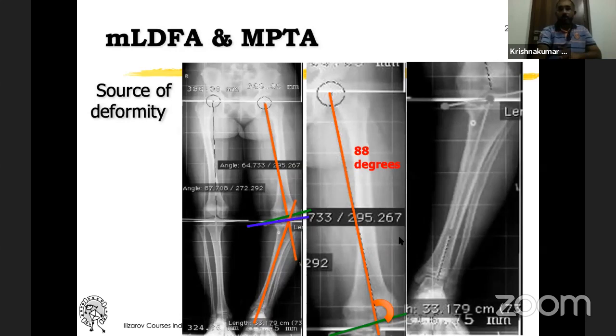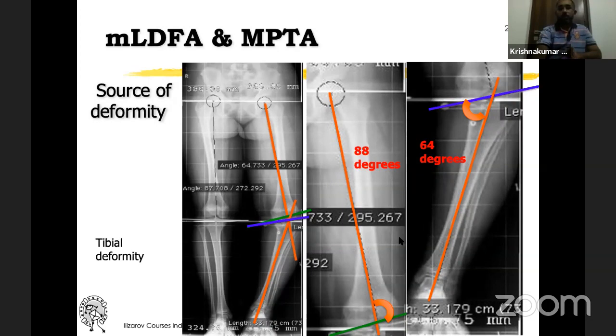It's close to 90, so it's normal. You draw the tibial mechanical axis, the proximal tibial joint orientation line, and look at the medial proximal tibial angle. It's 64 degrees, so it's well away from the normal 90 degrees. So there is around 26 degrees of deformity in the tibia. So the conclusion is that the patient is having a tibial deformity.